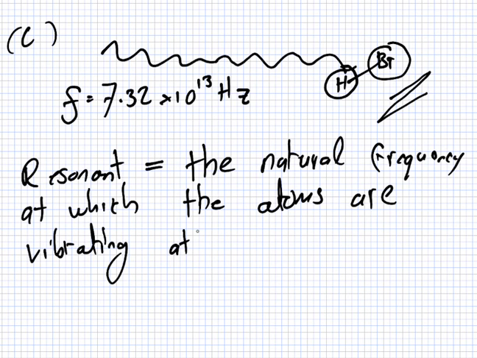Resonance frequency is the frequency you need to make it vibrate. So in fact, the answer is it's the frequency at which the atoms are vibrating at. That's resonant. Resonance, I keep saying these words so much. That's the process. That's what you have in semester 1 exam. Okay. Yeah.